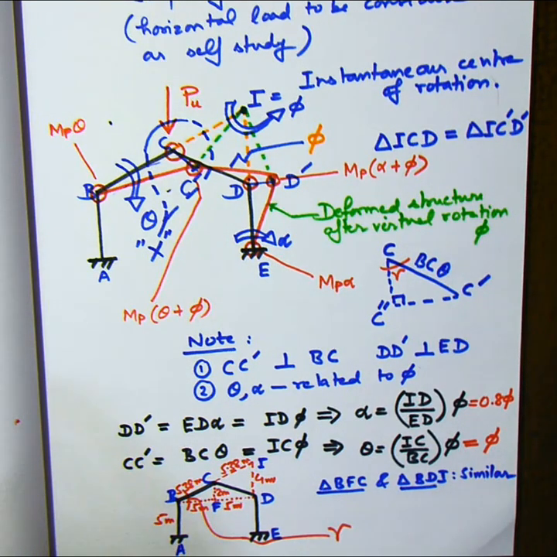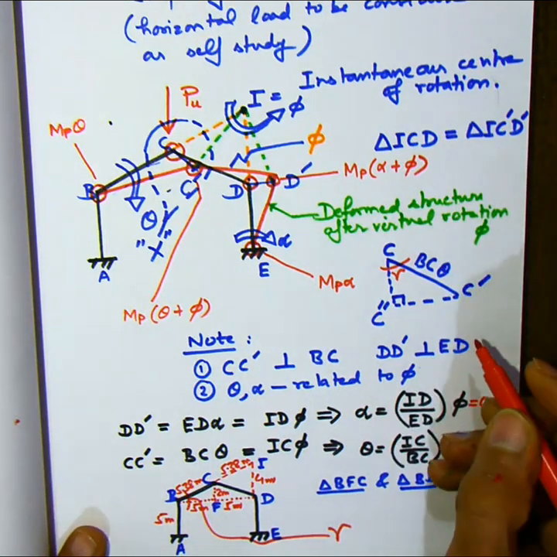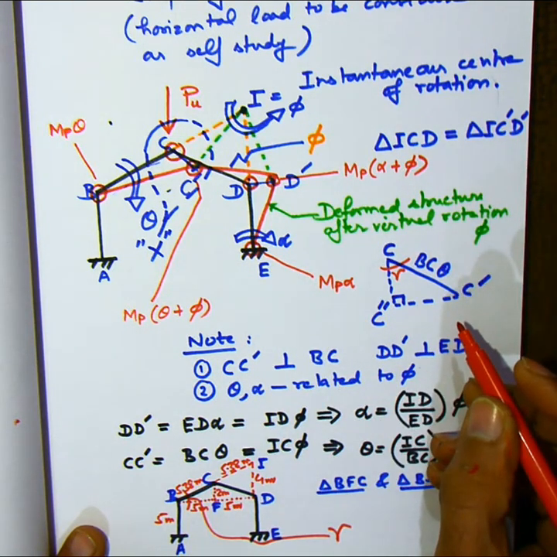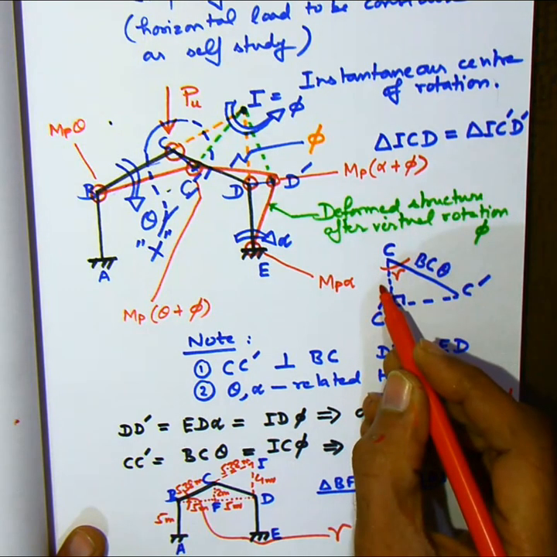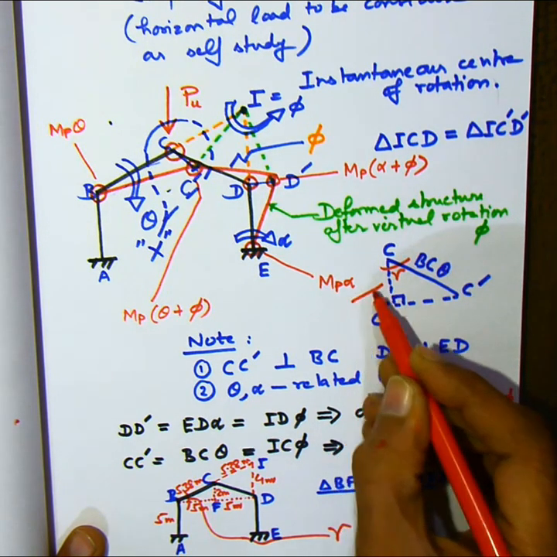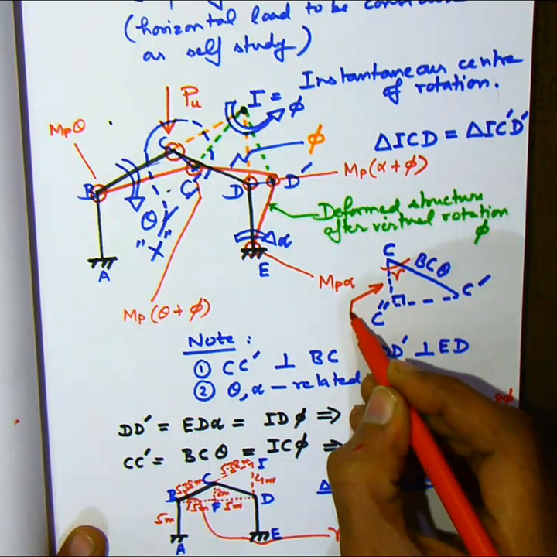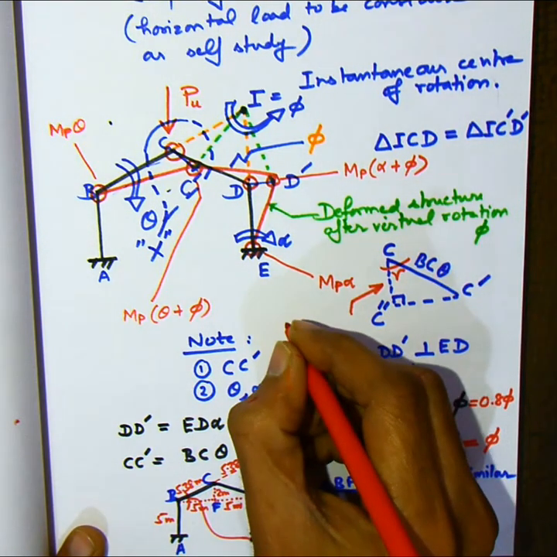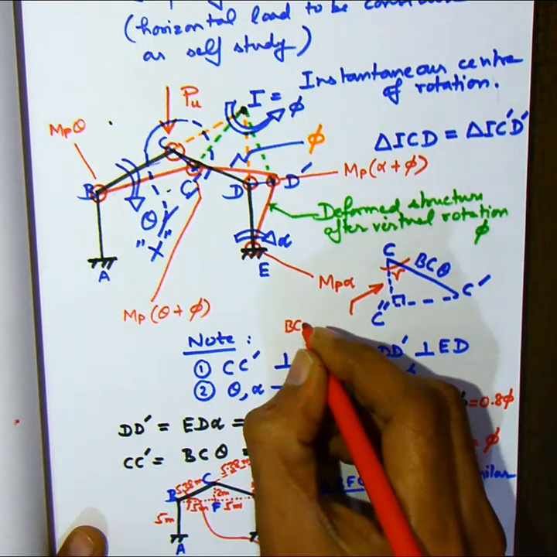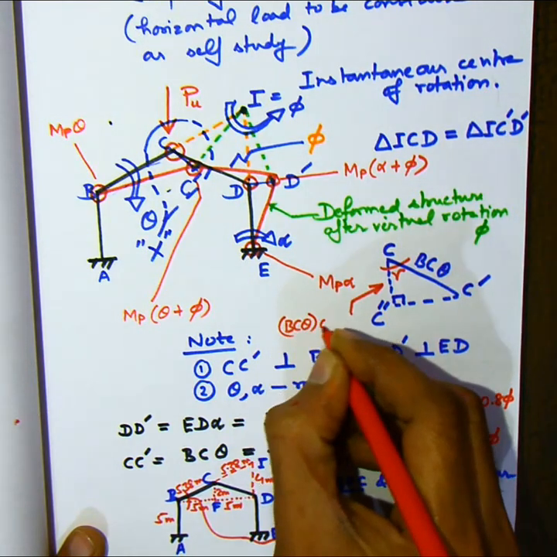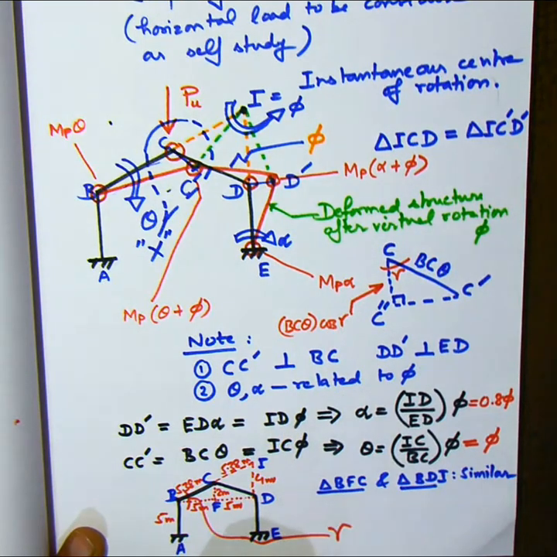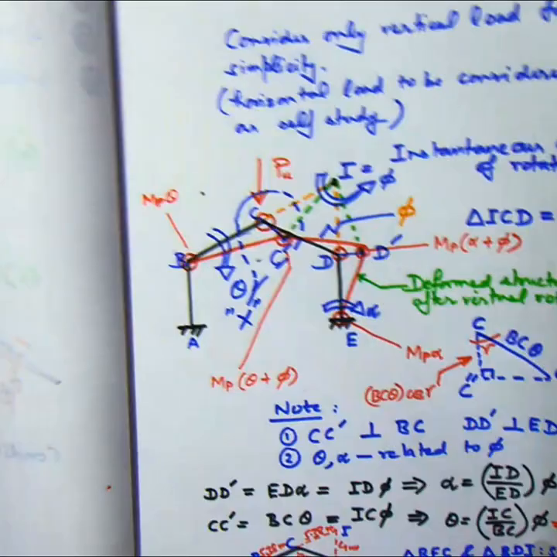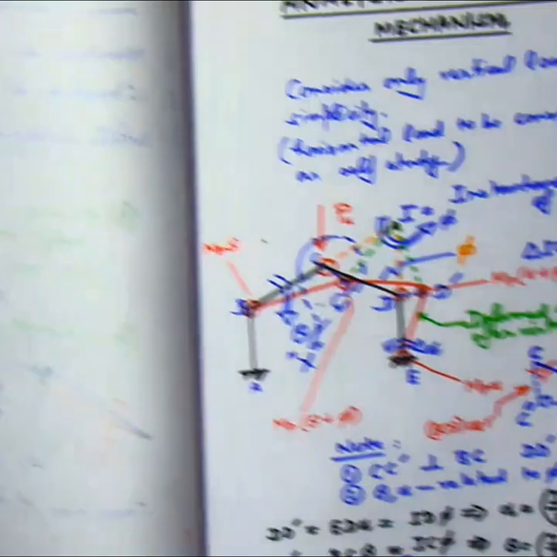Once we have this information, the vertical displacement can be expressed in terms of theta. So this vertical displacement C double dash will be simply equal to C dash cos gamma. And what is C dash? It's BC theta into cos gamma. Now what is BC cos gamma? Just see the diagram.